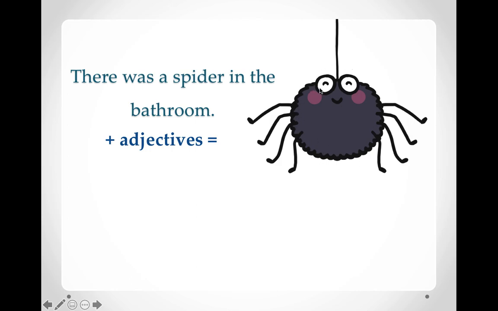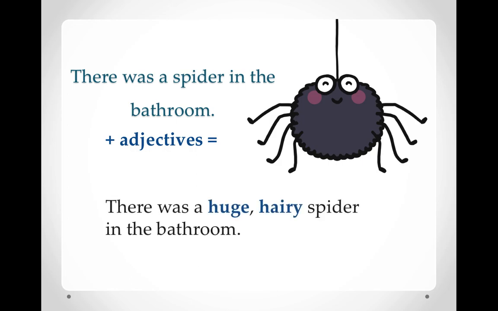I want you to think of your own describing word. Amazing. Now I want to compare it to mine. There was a huge, hairy spider in the bathroom. Huge and hairy are my adjectives. These are the words that I can use to describe the spider.